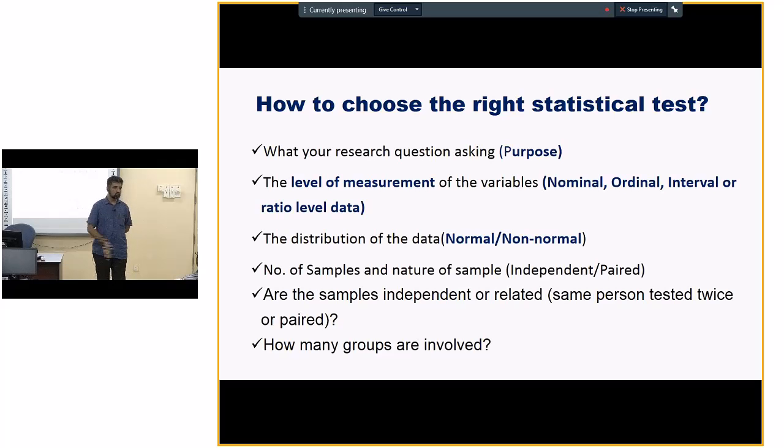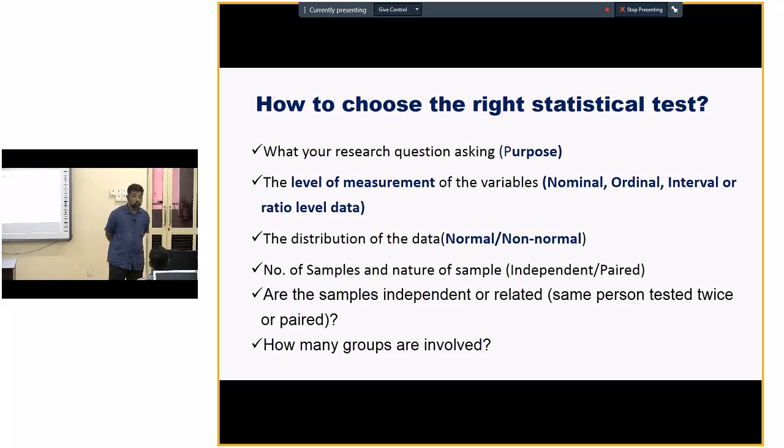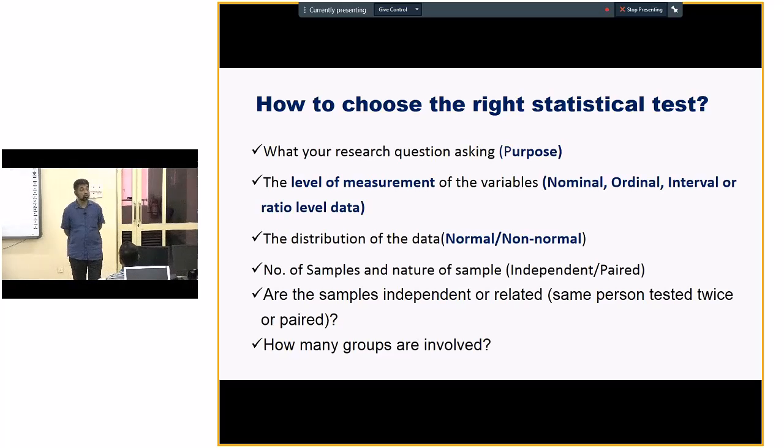Now here, the impact of macroeconomic factors on stock returns, right? Here you need to measure the impact of macroeconomic factors on stock return, and again that is the main purpose, right?